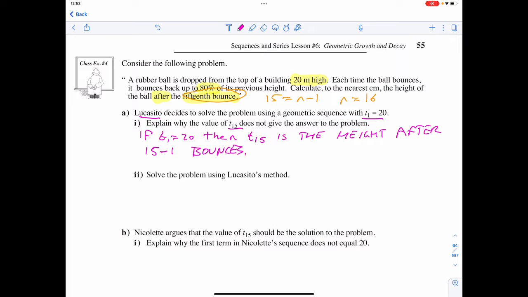So if I'm using his method, then T1 is equal to 20 and my r is equal to 0.8, then my n is going to actually be 16 in this case.